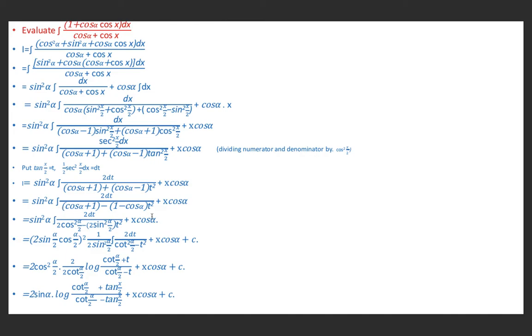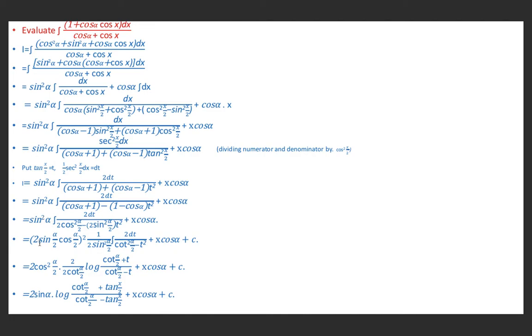Always remember these formulas: 1 plus cos alpha is 2 cos square alpha by 2, minus 1 minus cos alpha is 2 sine square alpha by 2, and this t square. Now for simplification, use the trigonometric formula sin 2 alpha as 2 sin alpha cos alpha.